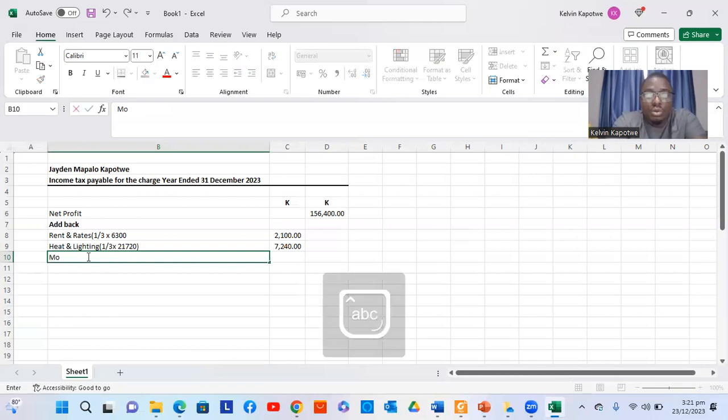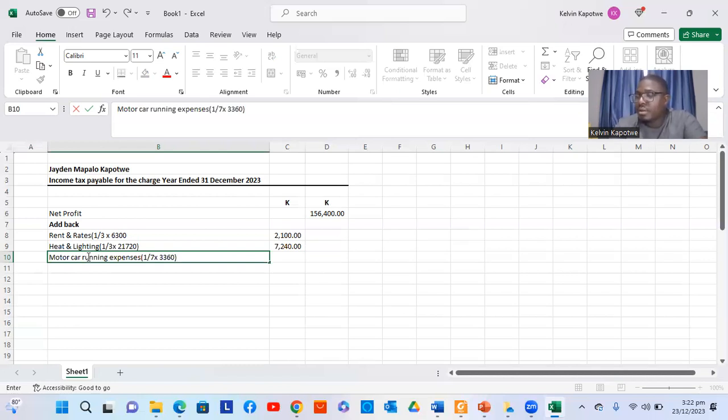So motor car running expenses: 1/7 multiplied by the total cost of 3,360.